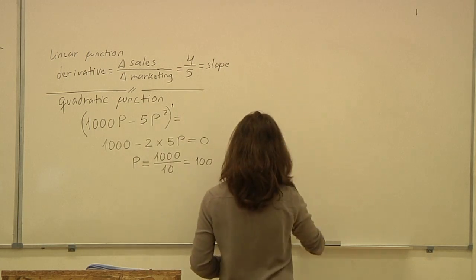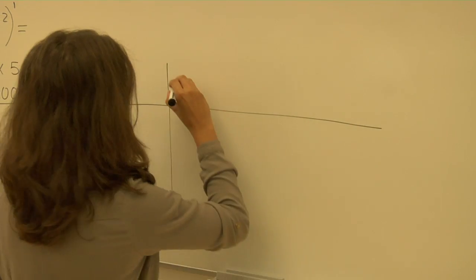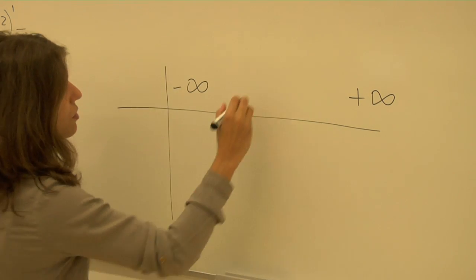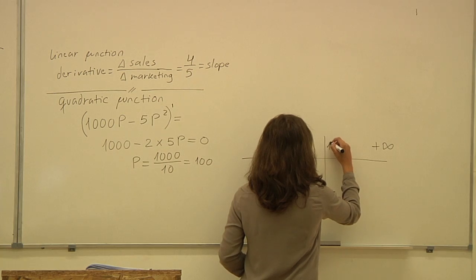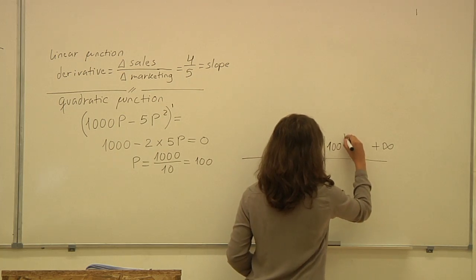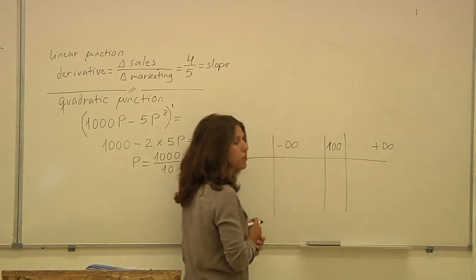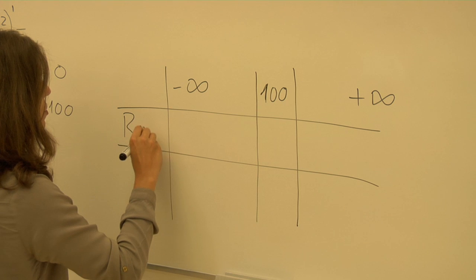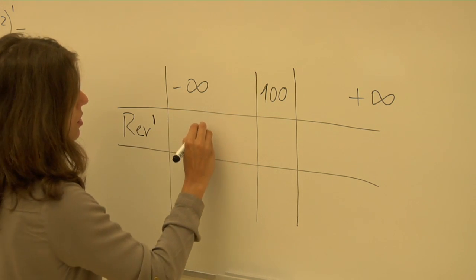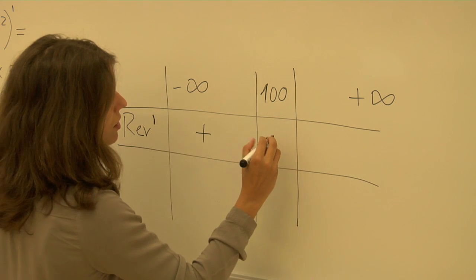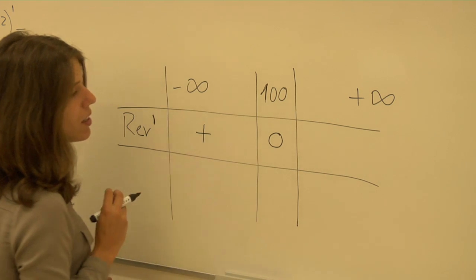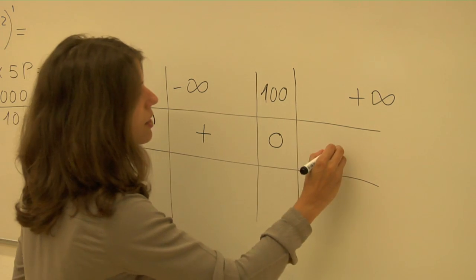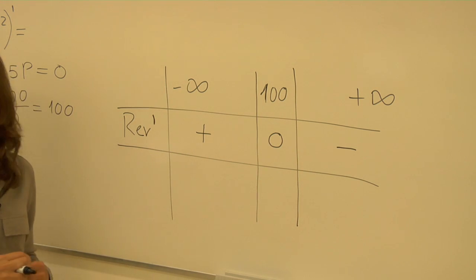Well, we know that these functions are defined between minus and plus infinity, and that 100 is our point of interest. So, first of all, the derivative of revenues is positive until the point where p is equal to 100, and there it takes the value 0, and then it starts being negative.